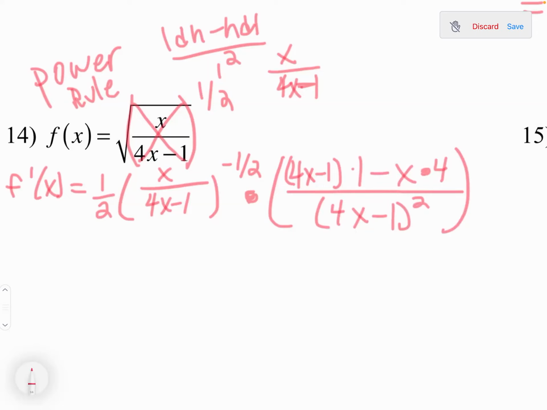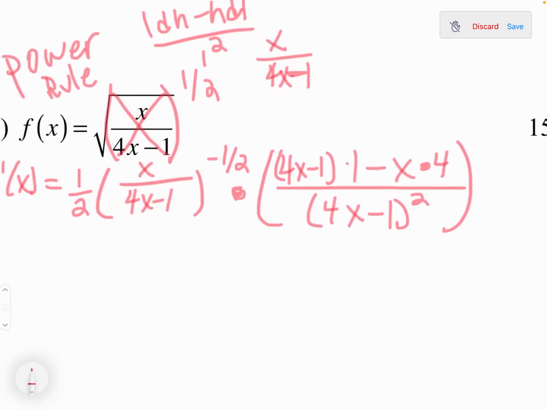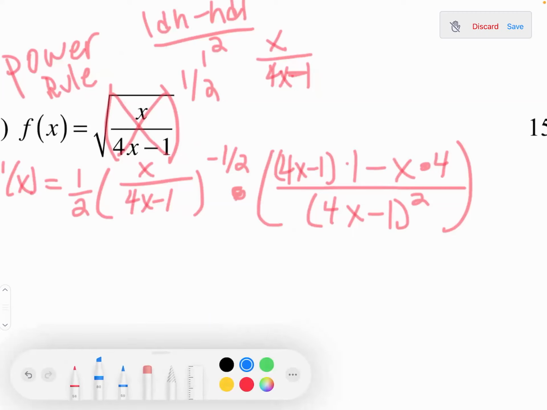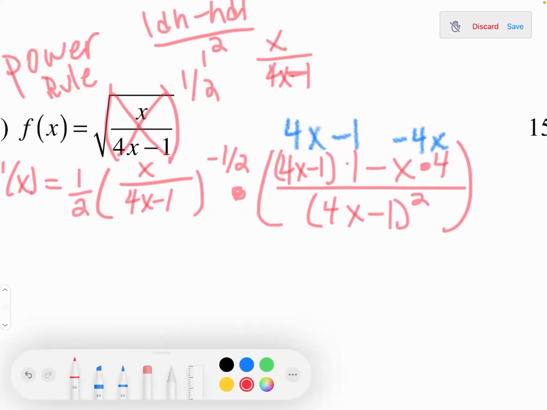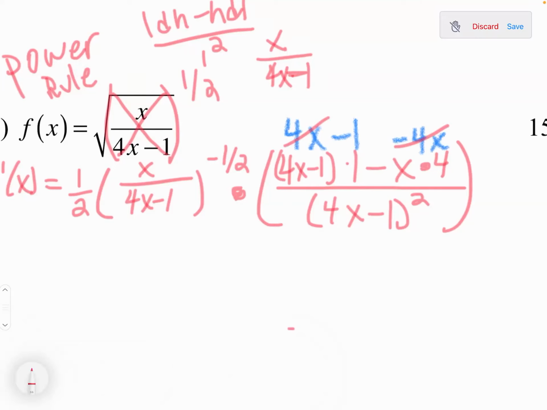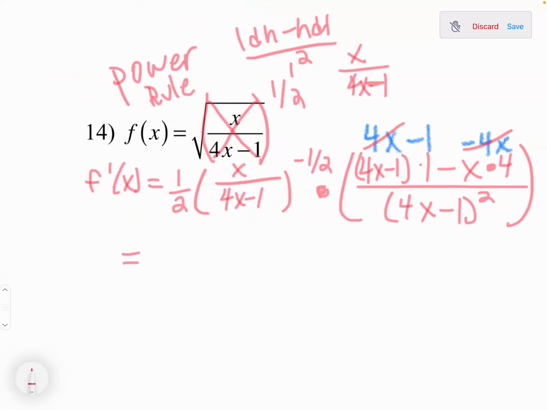We can do some combining like terms. This 4x and negative 4x on top: this is going to be negative 4x, and this is going to be 4x minus 1. We can actually cancel the 4x and the negative 4x. So if we come back over here, we get 1/2. This is x to the negative 1/2 power, so we can write that as x to the negative 1/2 divided by 4x minus 1 raised to the negative 1/2.